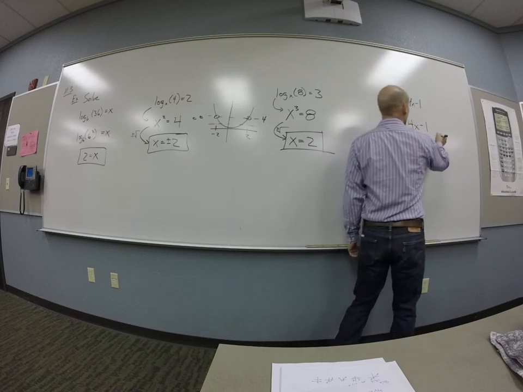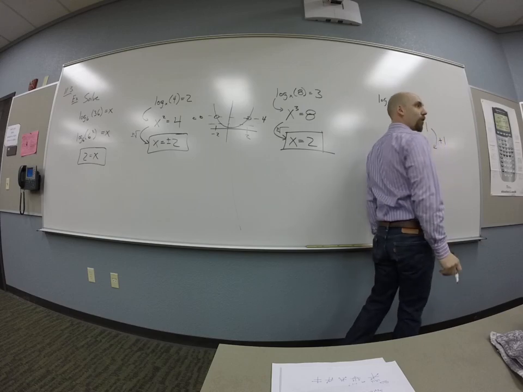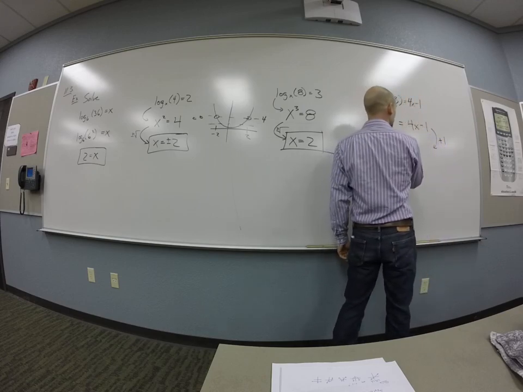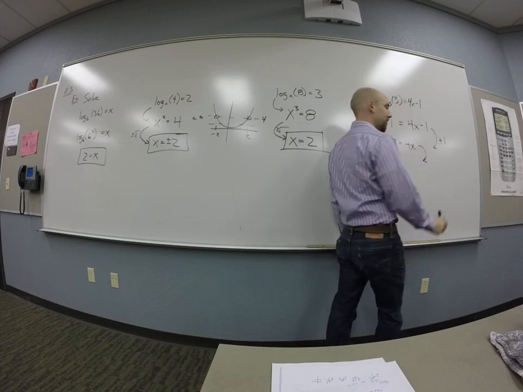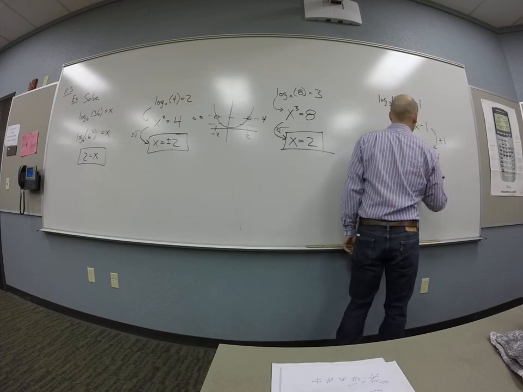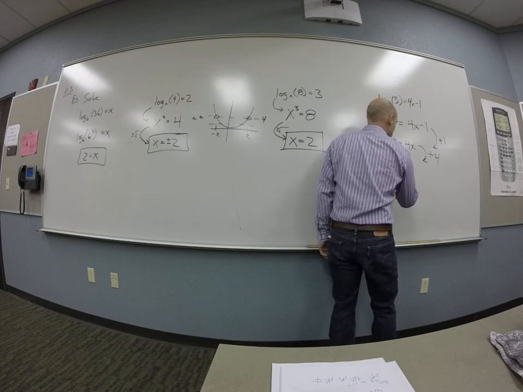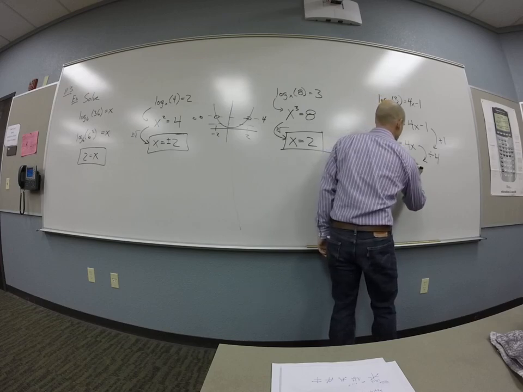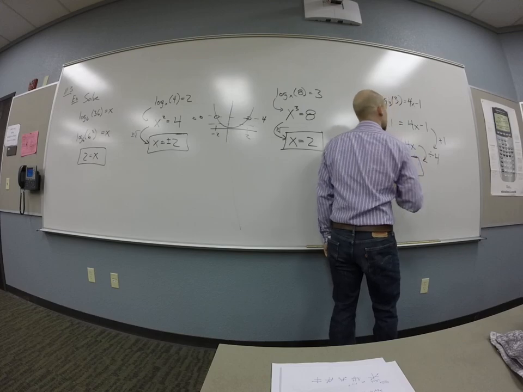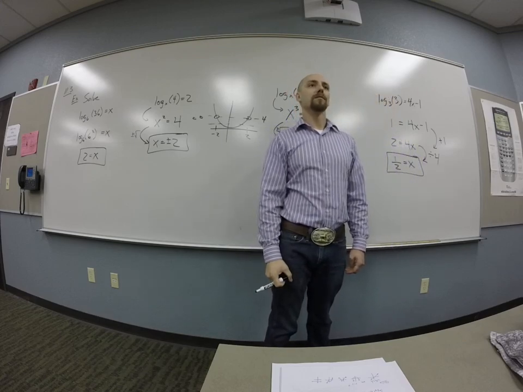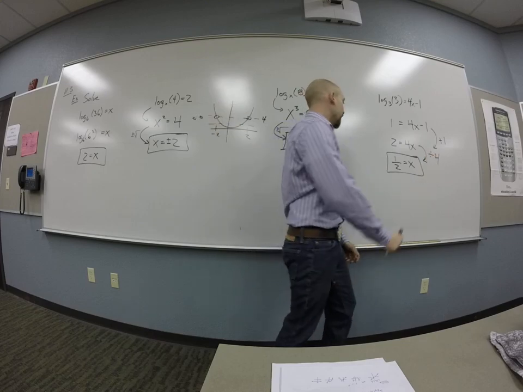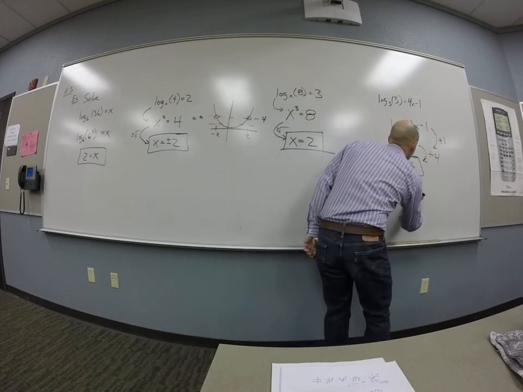And now I need to add 1 to both sides, so I get 2 is 4x. Then I divide by 4, so I'll get 1/2 is x. Could you write it the other way just because it makes you feel better? Sure, swap the order if it makes you feel better. X is 1/2 is also fine.